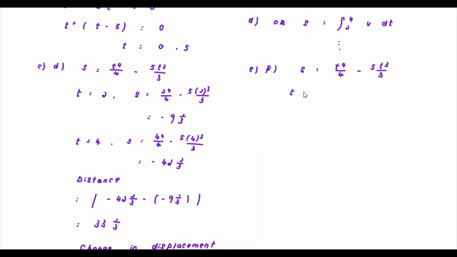So when t equals 4, S will be equal to negative 36. By substituting, same thing here, when t equals 6, S is equal to negative 42 2/3.